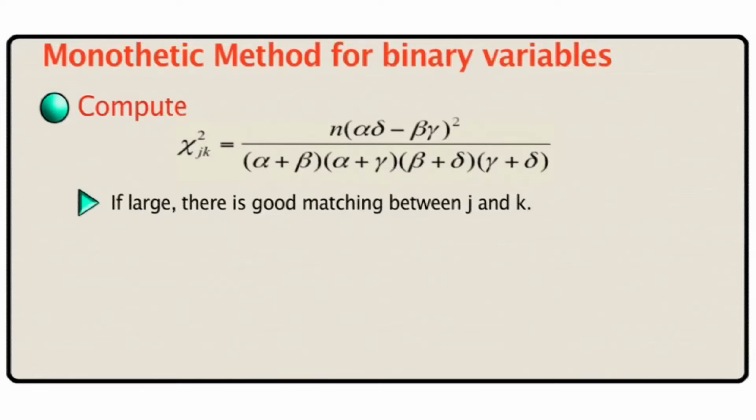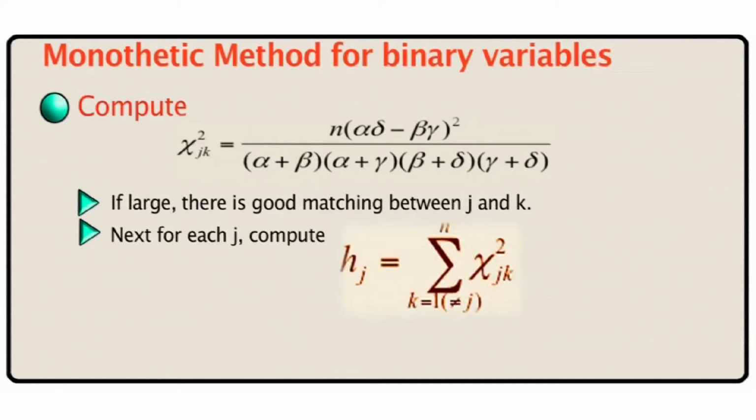Next, if we have a large value of this, then we say that there is good matching between j and k. For each j, we take the sum of chi j k square over all possible k and compute what is referred to as hj.